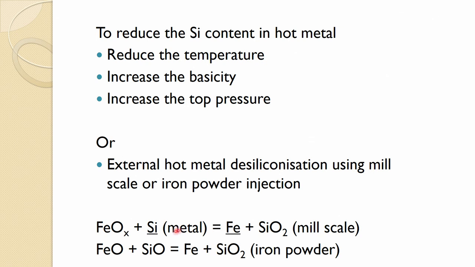In mill scale, the reaction would be like this: dissolved silicon forms silica. And by injecting iron powder, again it forms silica and metal comes, so you reduce the silicon content. So these are the ways you can control the silicon content, and this is the mechanism.